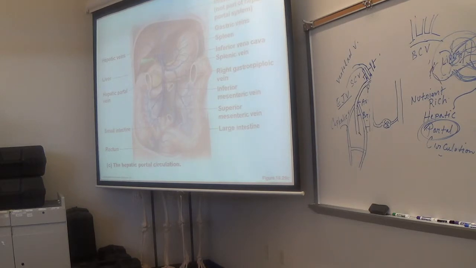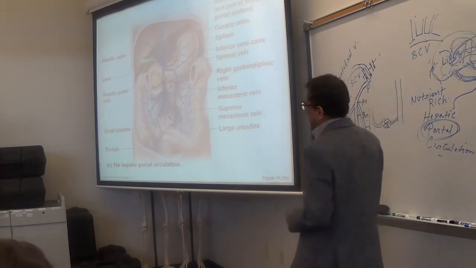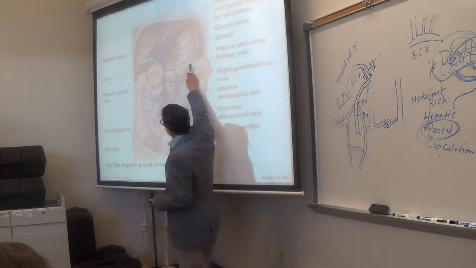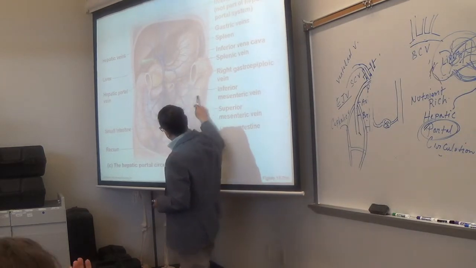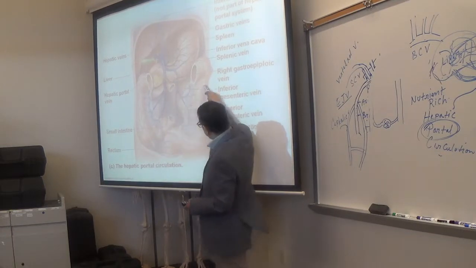Here you see the hepatic portal vein going to the liver from your GI tract. This is the stomach, small intestine, large intestine.